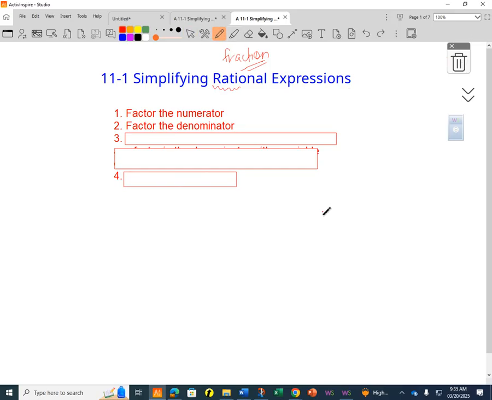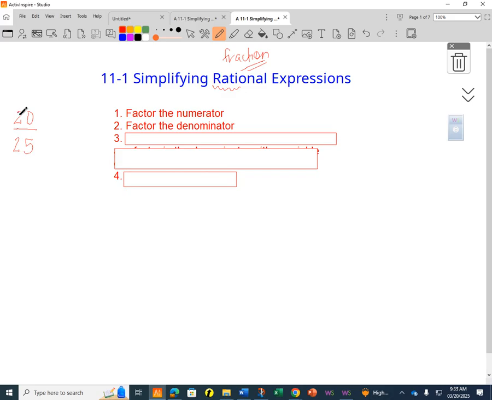And you guys have done this before. I used the example in first period. Do you guys know how to simplify this rational expression? Well, if we follow these directions, so when we simplify this normally, we look at what factor they have in common.